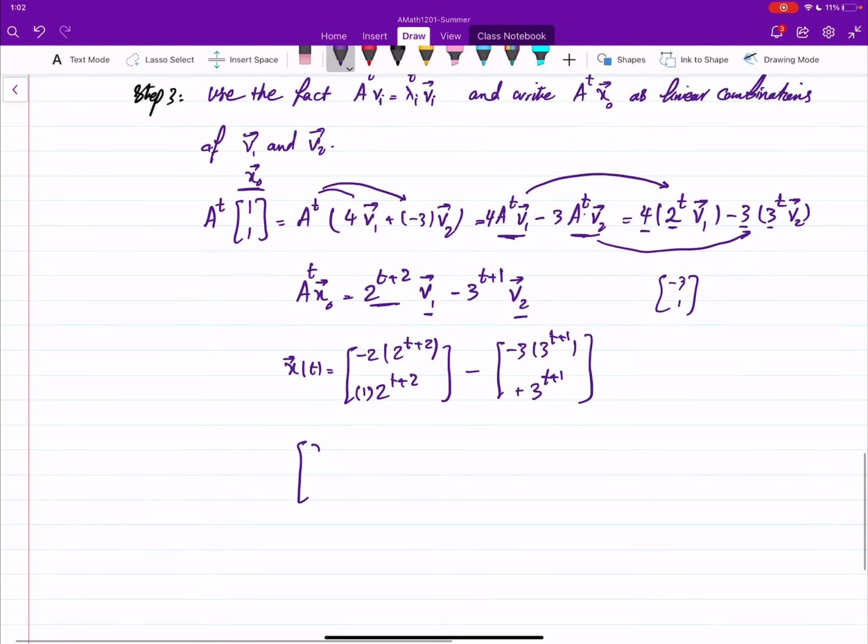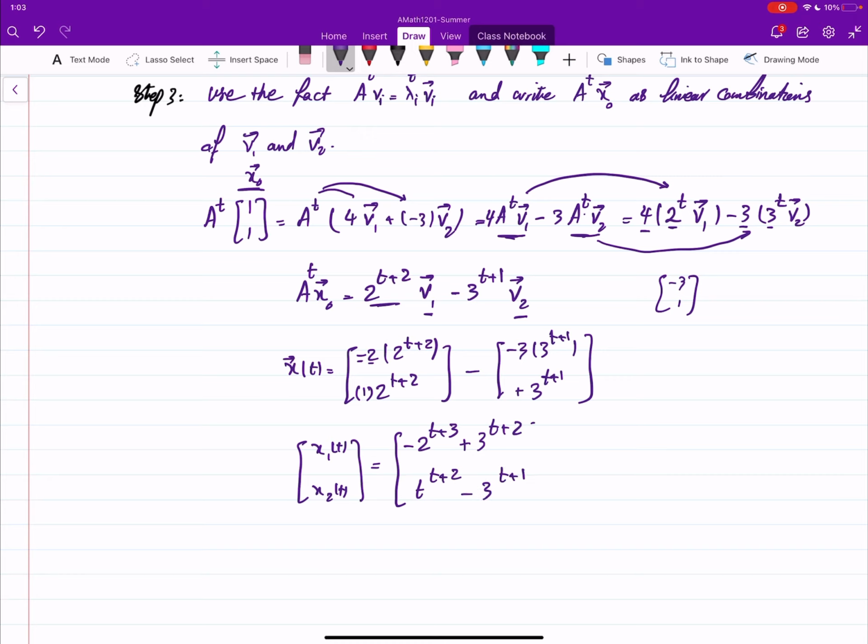Now I can add the components and write x1(t), x2(t), this was x(t). The first component is negative 2 times 2 to the power t plus 2, which is minus 2 to the power t plus 3, and then negative times negative gives 3 times 3 to the power t plus 2.